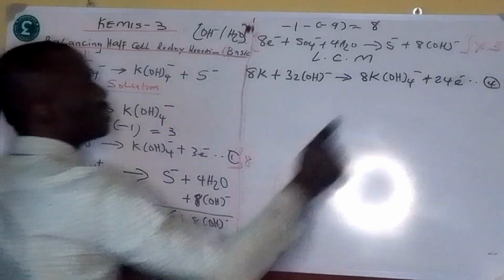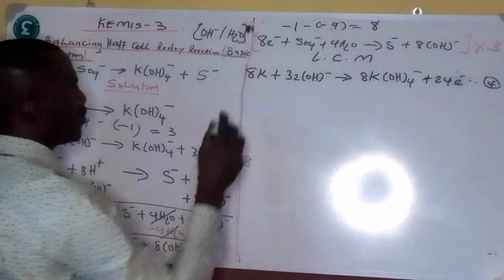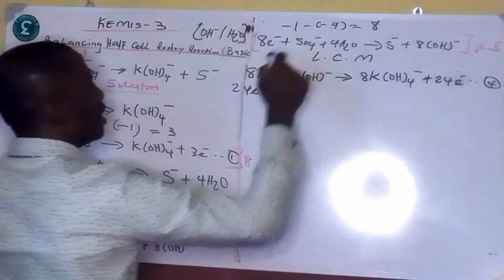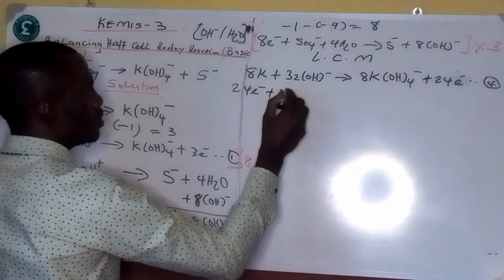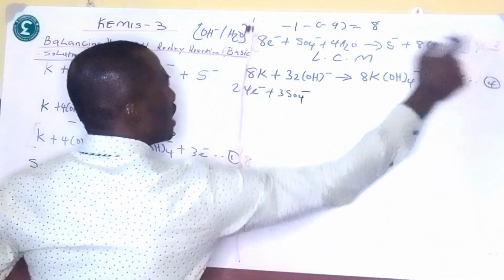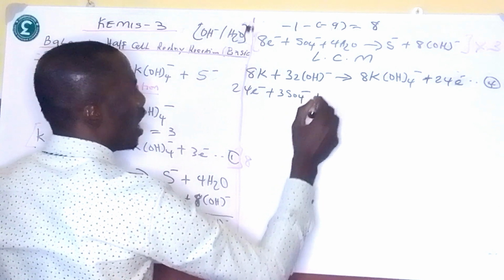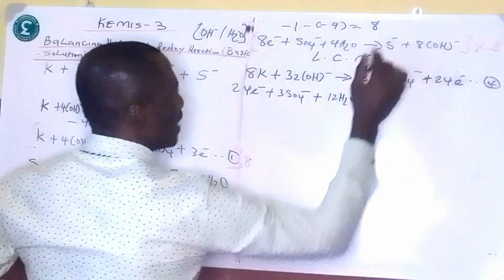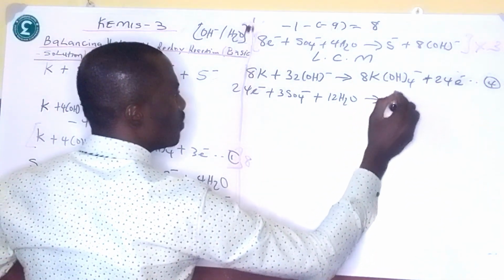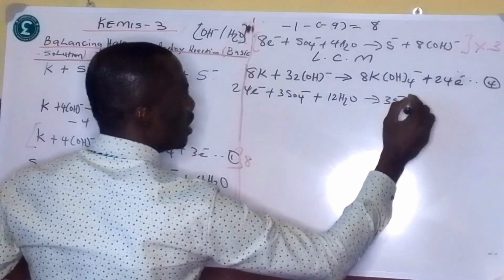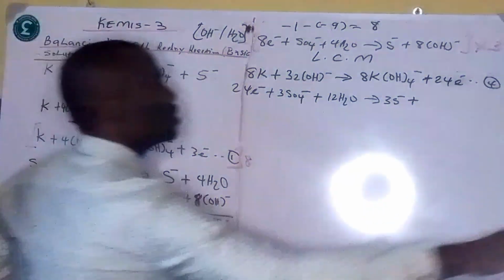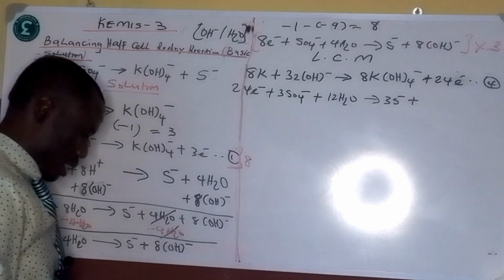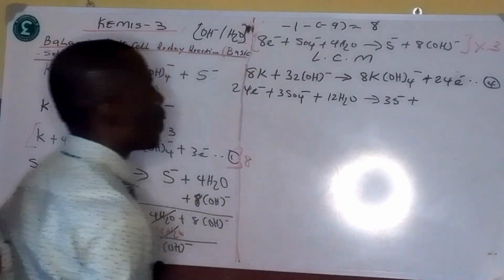Alright, now the next thing is 3 times 8, that is 24. 24 electrons. 3 times this, that will give me 3 of those. 3 times this, that will give me 12 water. 3 times this, that will give me 3 sulfur. 3 times this, let's use a calculator, 3 times 8 gives me 24.